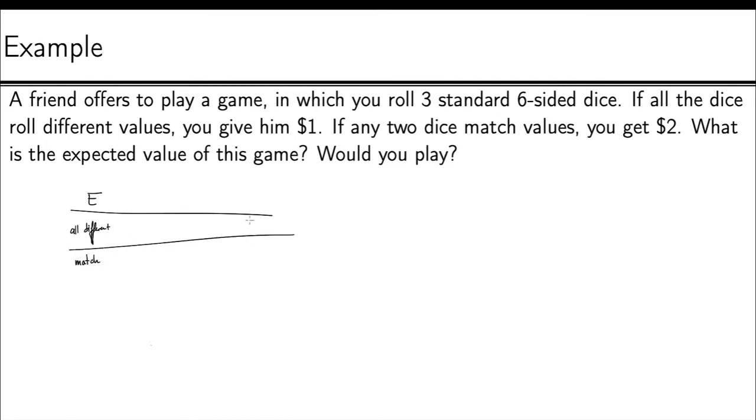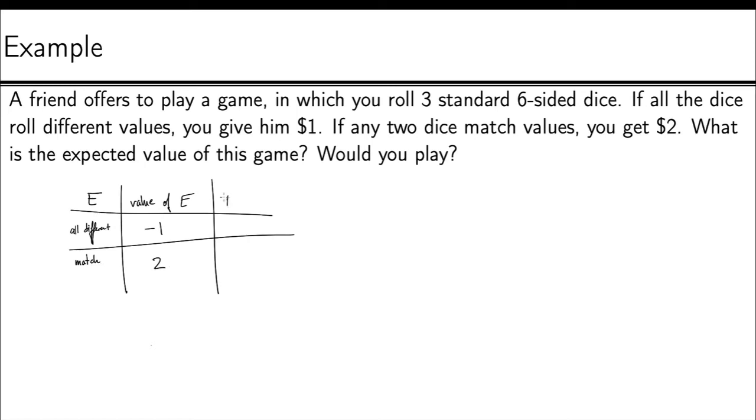Now we're going to talk about the value of each of these. If you roll all different values, then you lose $1 because you give him $1, so -1. However, if there's a match, then he's going to give you $2, and so you get $2.